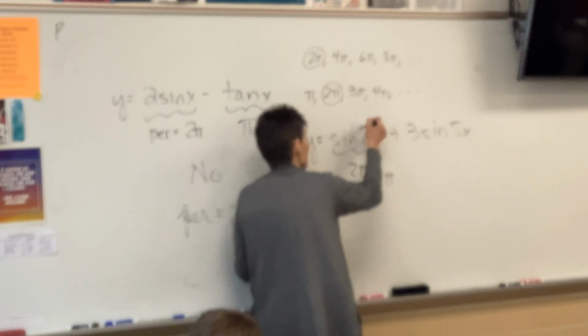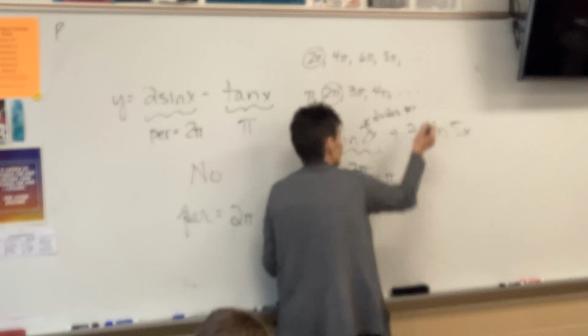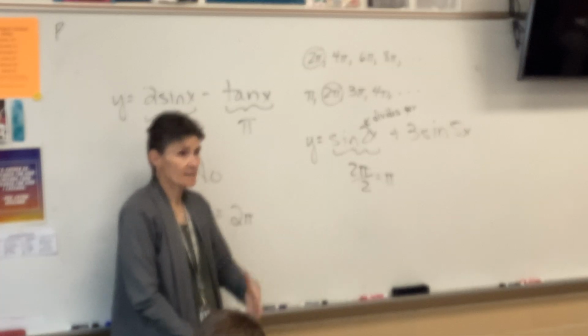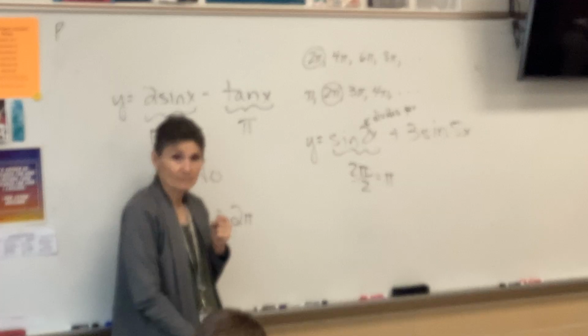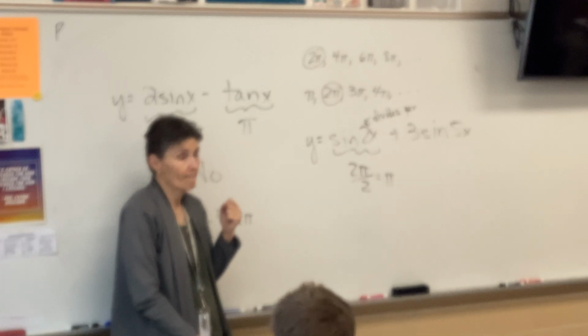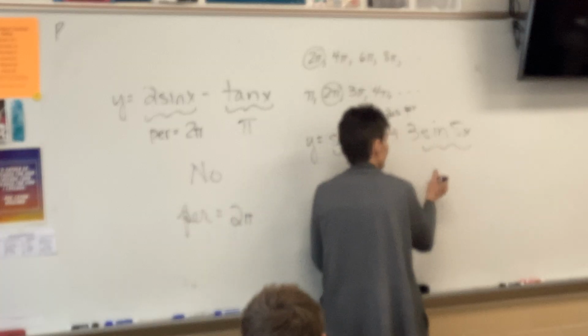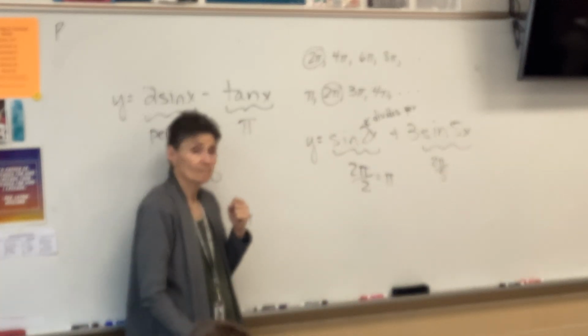Remember, this number divides the period. Now what about this guy? What's the period of this one? 2 pi divided by 5?